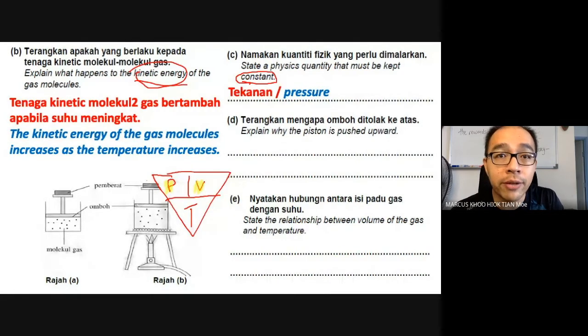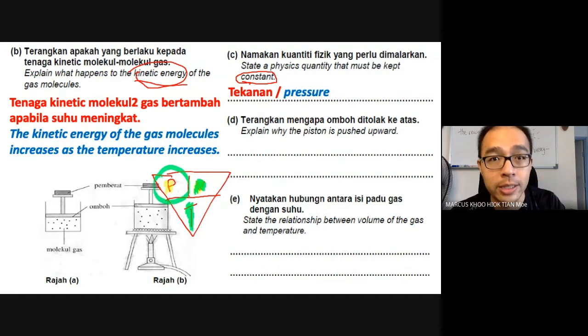So since pressure and volume are changing, if pressure increases, volume decreases. If pressure decreases, volume increases. That means the temperature is the constant. But now in Charles' law, let's use blue lah. Fine, green. In Charles' law, since we're talking about volume and temperature, therefore, this one must be constant.